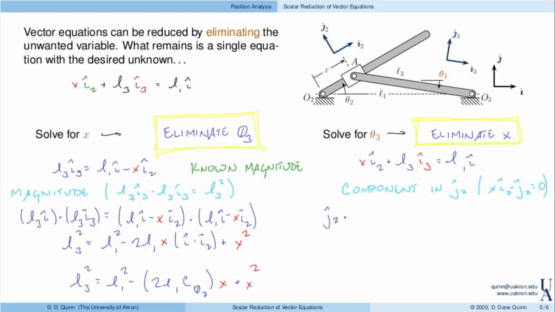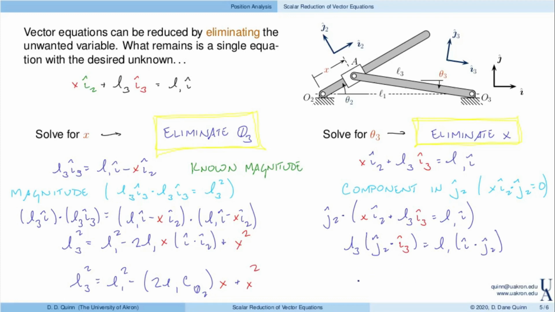So we'll take j2 and then we'll dot everything: xi2 plus L3 I3 equals L1I. So again, j2 dot I2 is equal to 0, so that goes away. And we're left with L3 times j2 dot I3 equals L1 I dot j2.